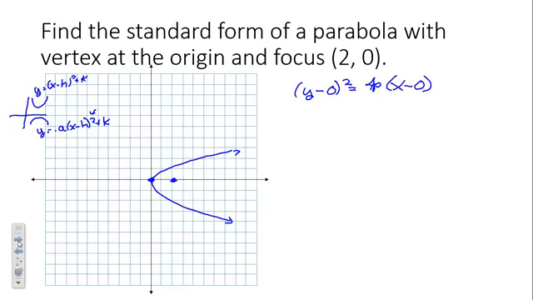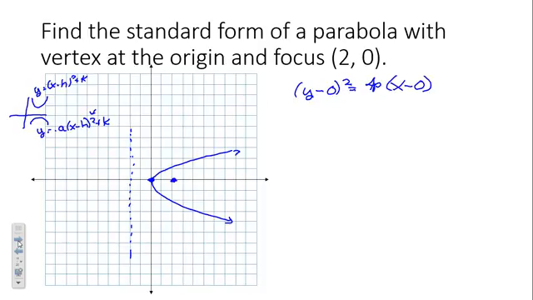Now, we know something about p, don't we? The focus is h plus p. We're 2 steps away, right? Okay. That means our directrix has to be 2 steps away as well, doesn't it? Or these two won't be equidistant from the parabola.